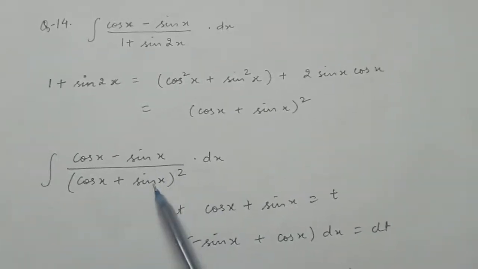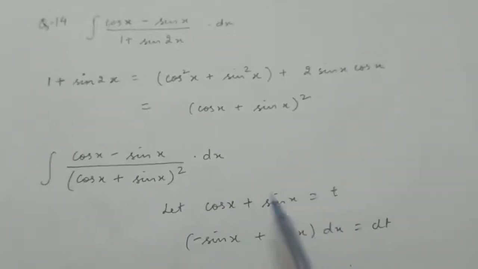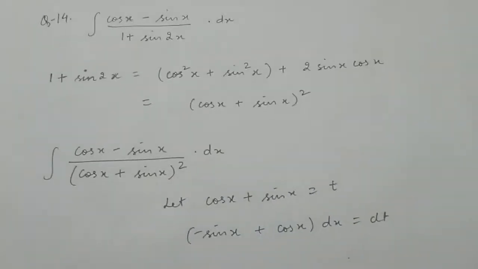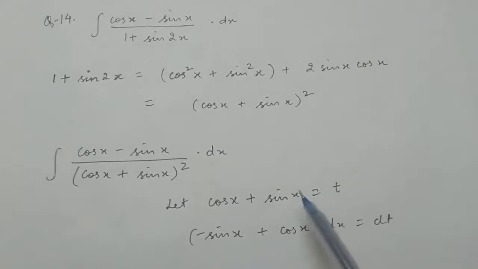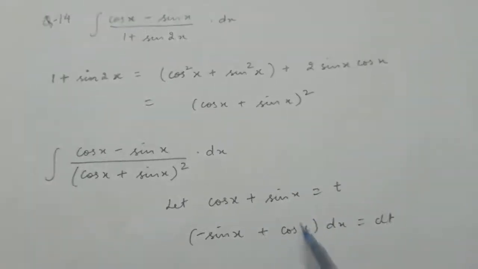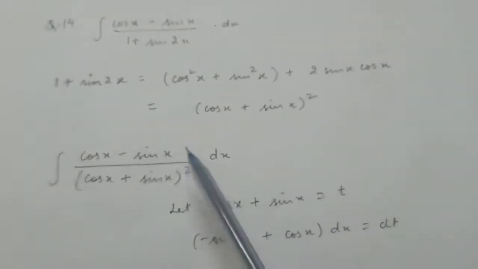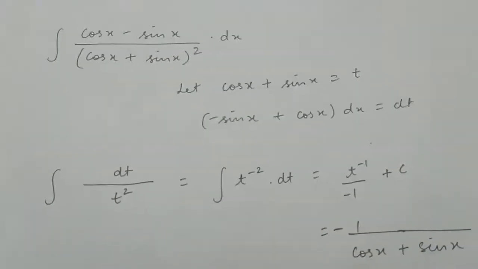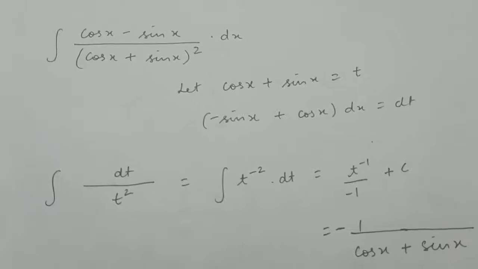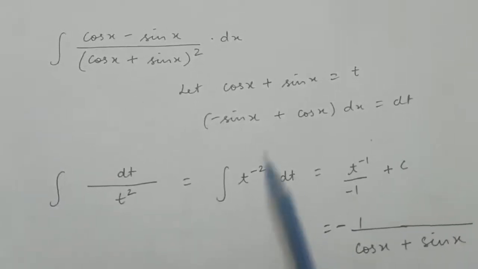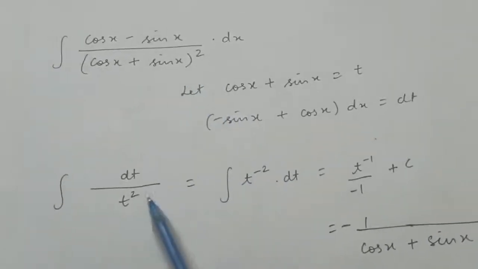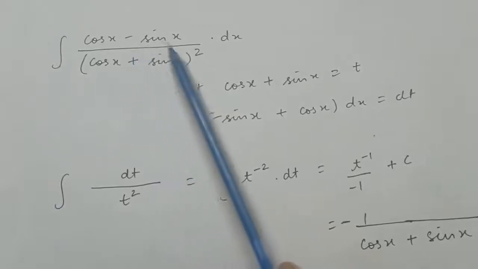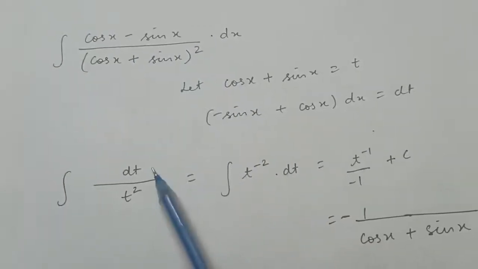Now if you take this as equal to t, you will get the derivative of cos x is minus sin x and the derivative of sin x is plus cos x. So this is nothing but the numerator only, right? So the integral becomes integral of, in place of cos x plus sin x whole square, t square will come, and in place of cos x minus sin x into dx, dt.